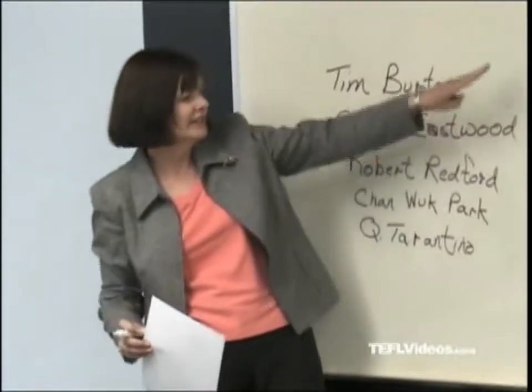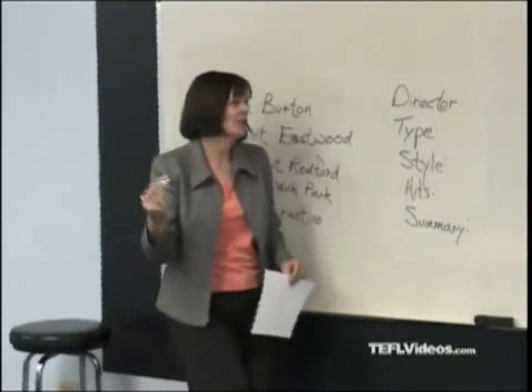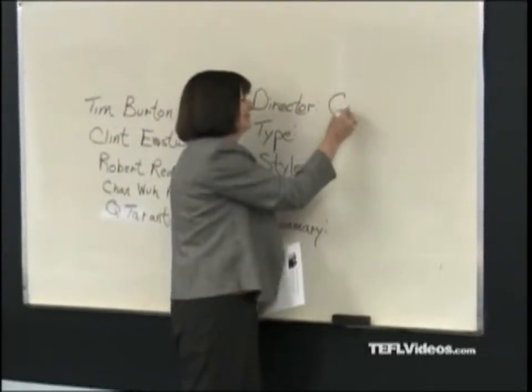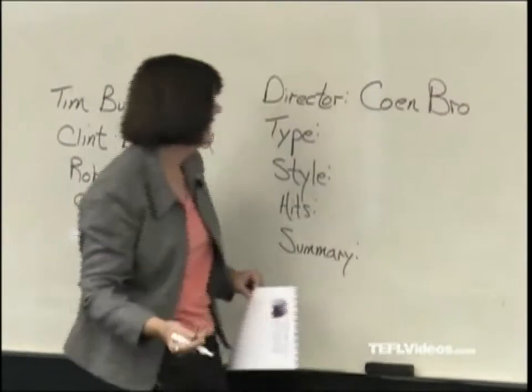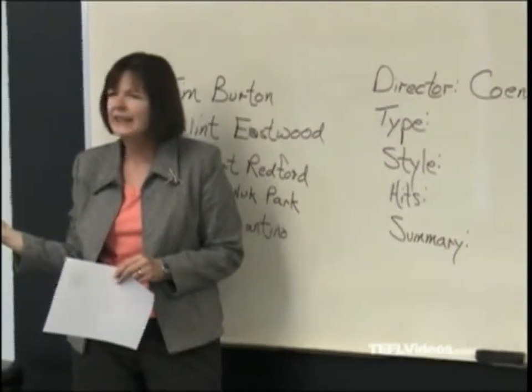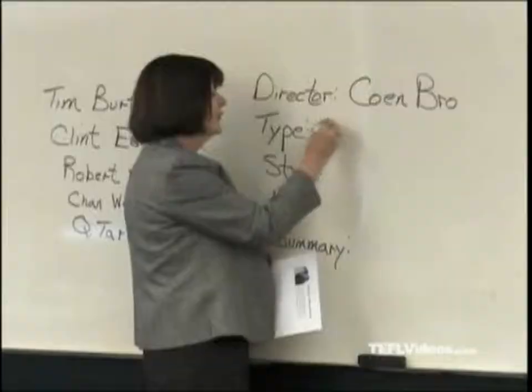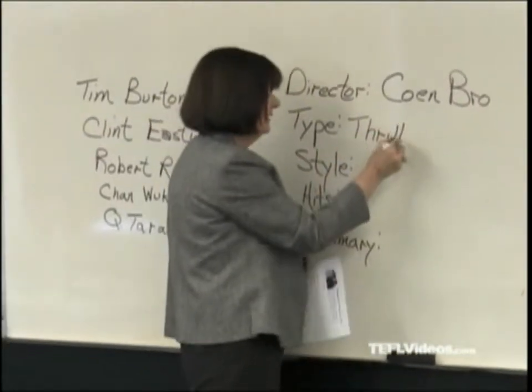Okay, so here is some information about a director. Just as an example, one director I really like is the Coen brothers. Yeah, Coen Brothers, perfect. And the type of movie they make, what would you say? Drama. Maybe. Realistic. Some are drama, some are kind of thrillers, like No Country for Old Men, and some are kind of comedies.